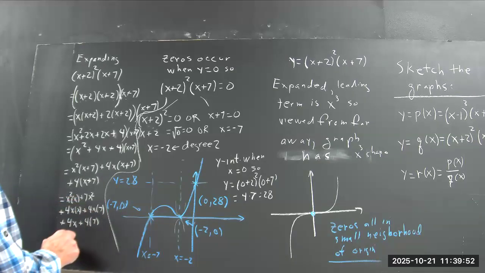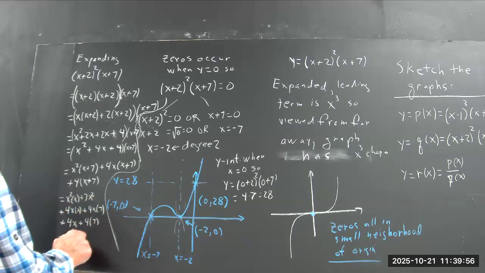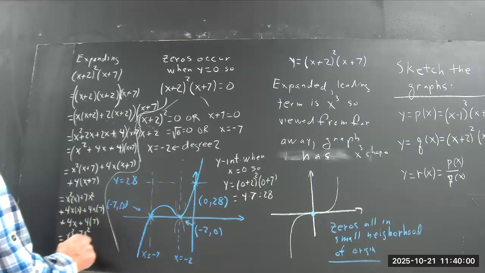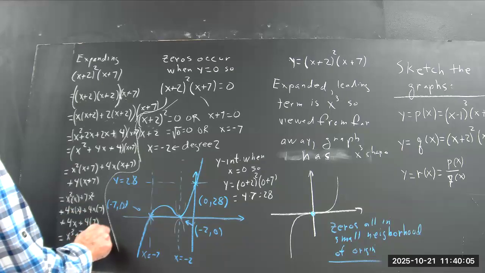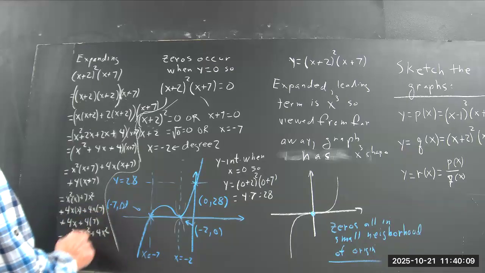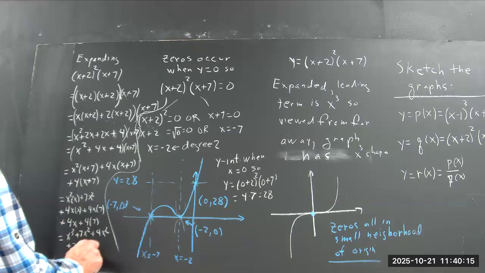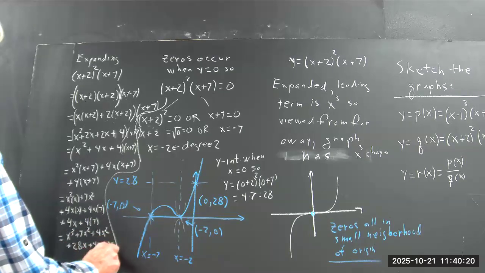Well, x squared times x is x cubed. 7 times x squared is 7x squared. 4x times x is 4x squared. 4x times 7, 4 times 7 is 28, and we've got the x. And then 4x is 4x, and 4 times 7 is 28.